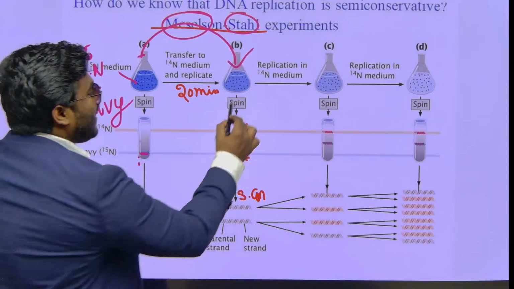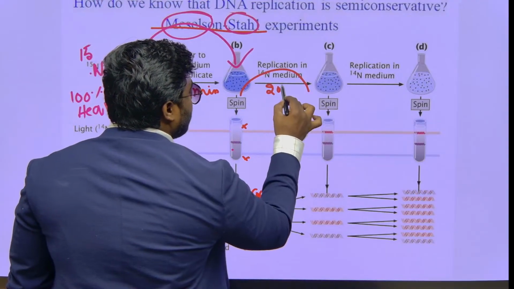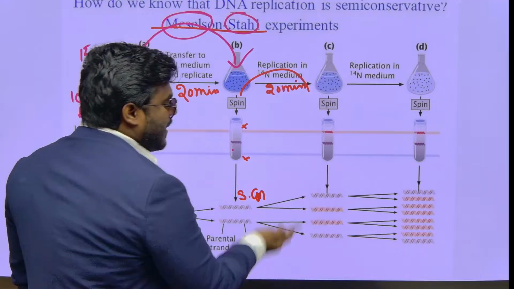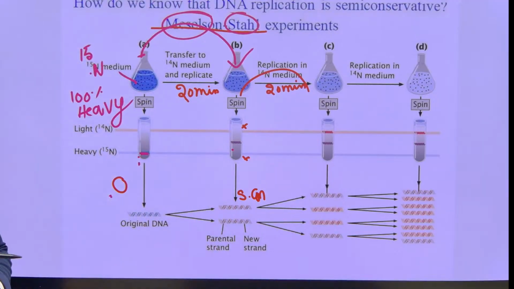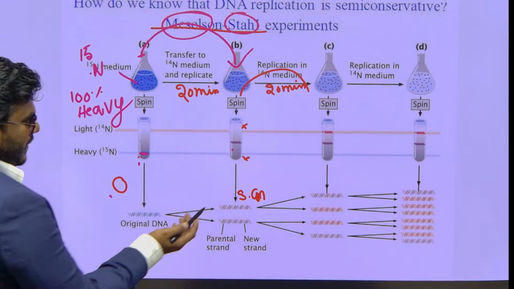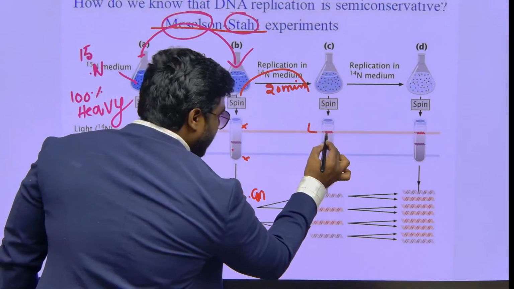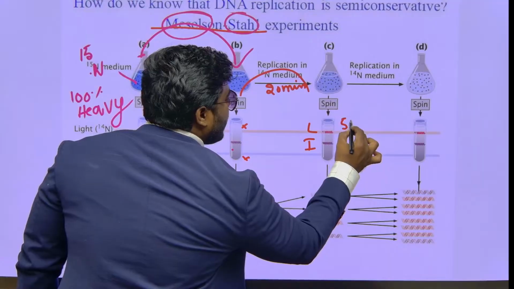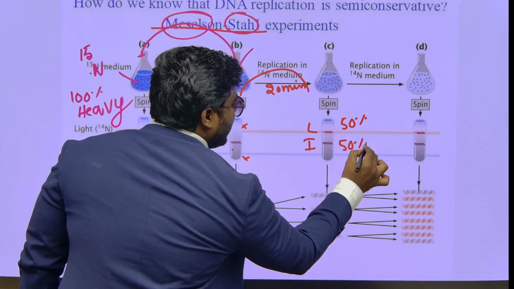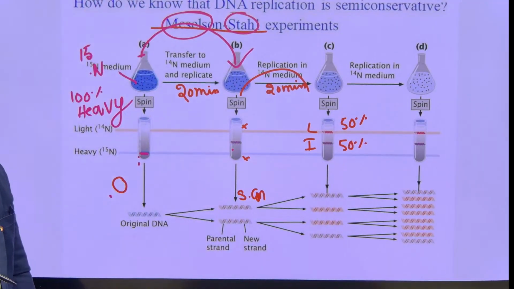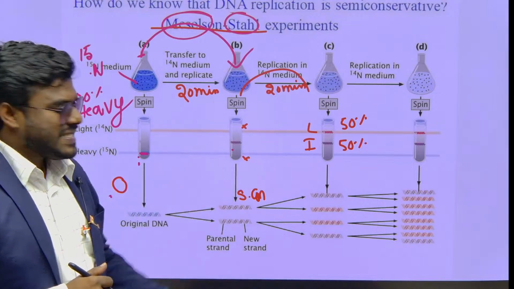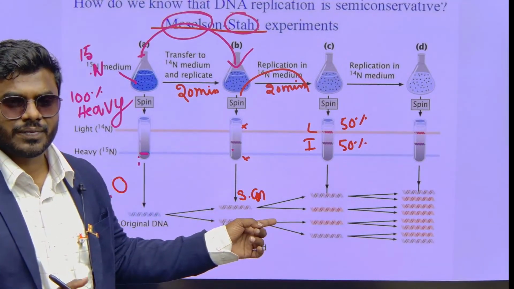Now again after 20 minutes I did the same. Again I have taken the sample. Can you tell me what we got now? Look into this. Both, what do we get? Light and intermediate. Can I say 50% light, 50% intermediate? Then the next generation, the same thing is repeating almost. Correct na?